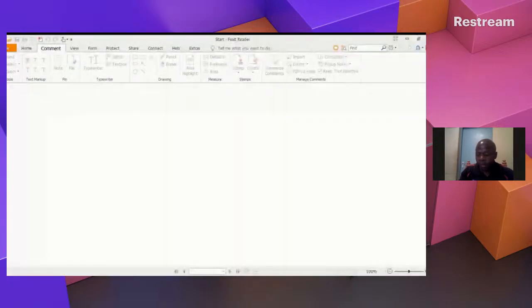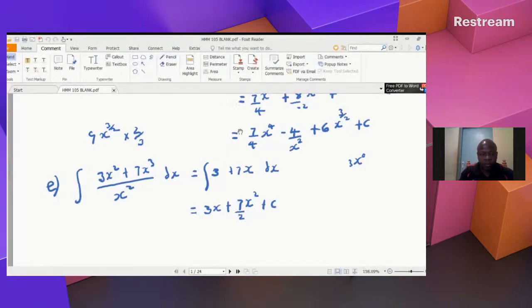Now this time I want to look at the integration of trigonometric functions. That's what I want us to look at. Integration of trigonometric functions. So let me just share the space that we'll be using for our workings.